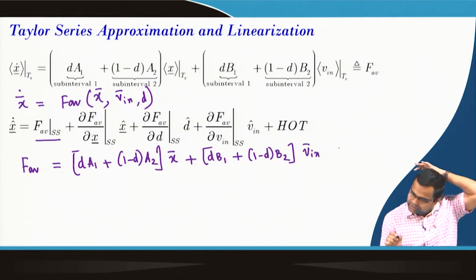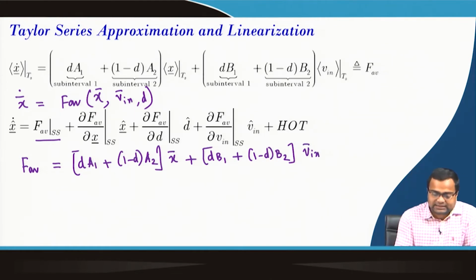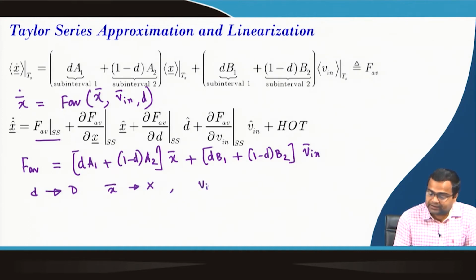So, this quantity we know. Now, under steady state, d should be replaced by capital D, x should be replaced by capital X, and V in average should be replaced by capital V in.